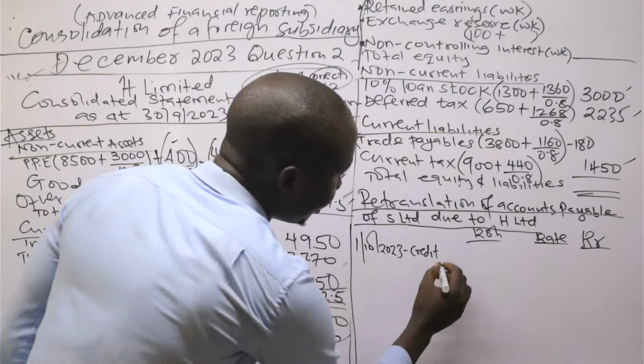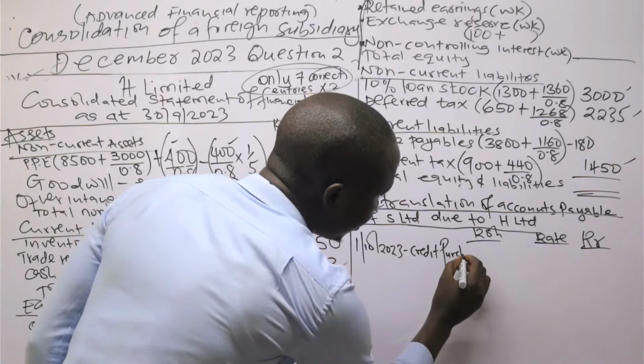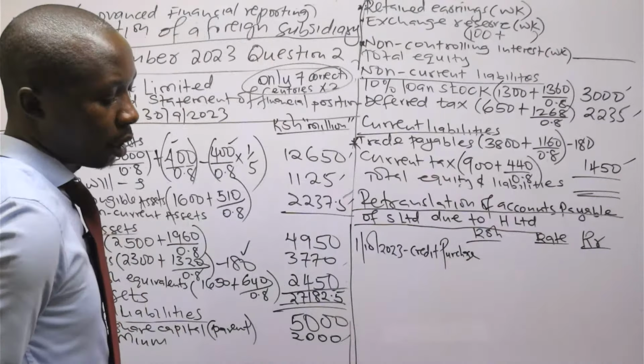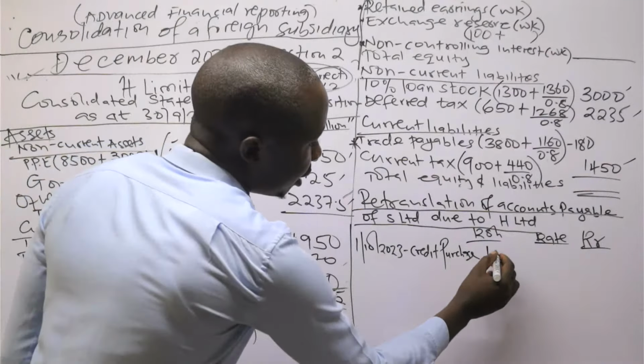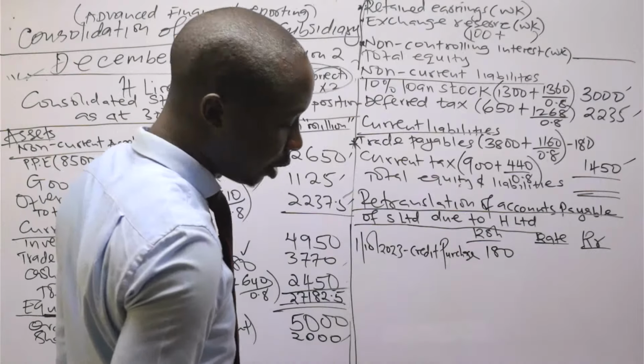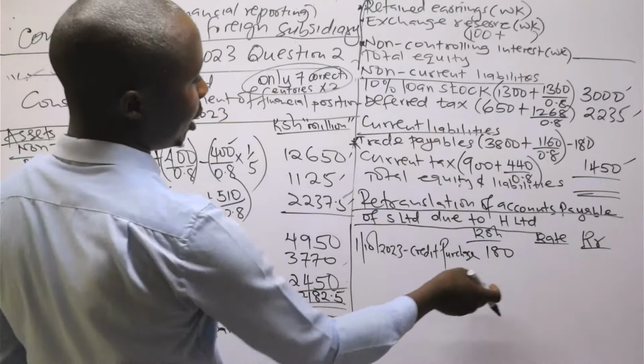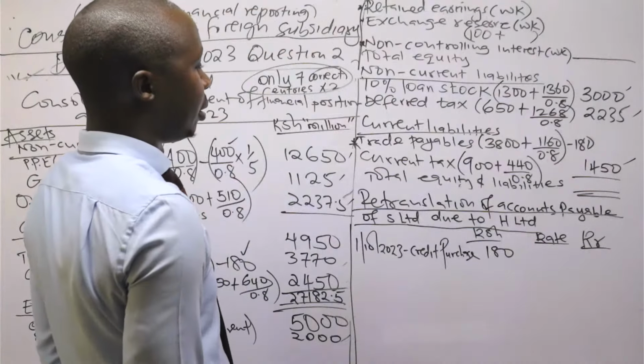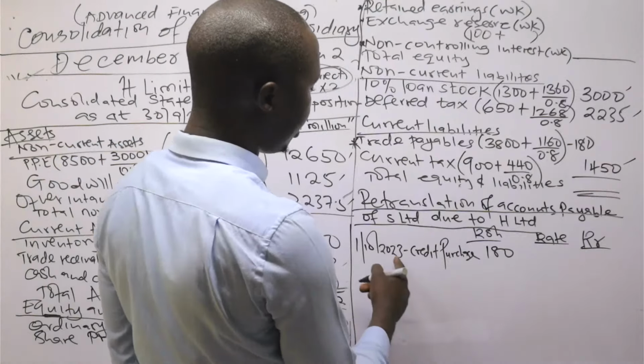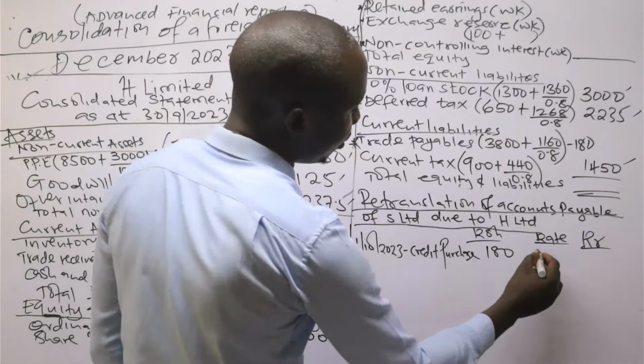So the credit purchase, which took place in Kenyan shillings, is 180, given in note 3. So I want to translate this to krona.